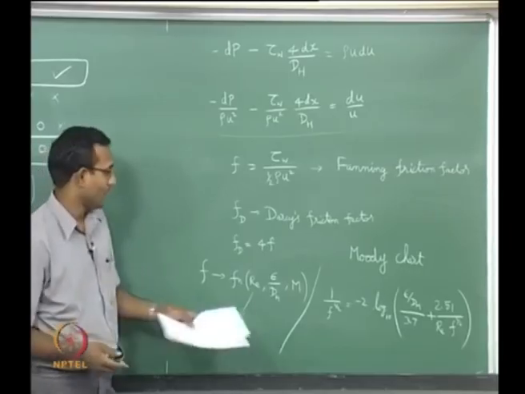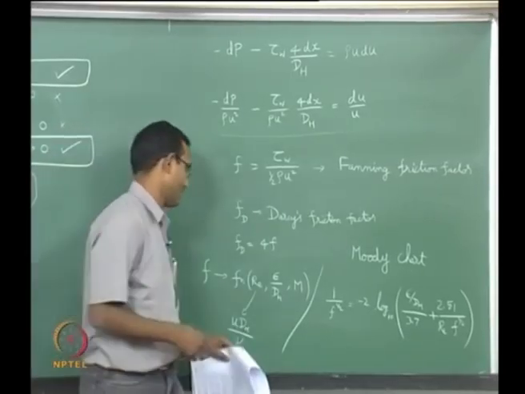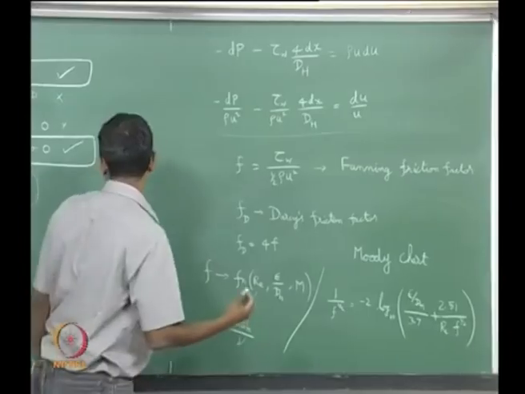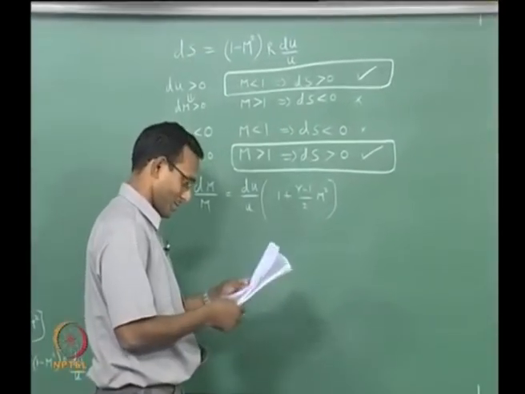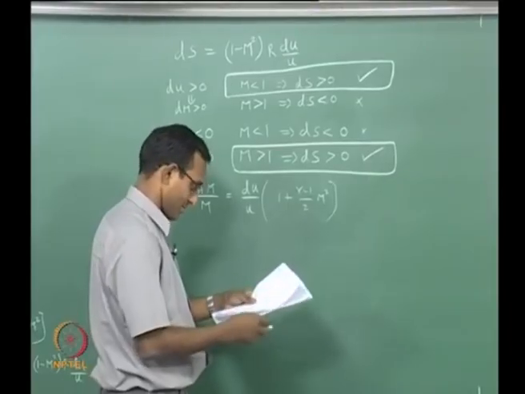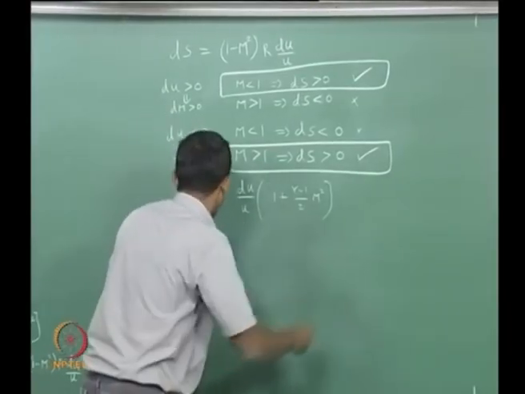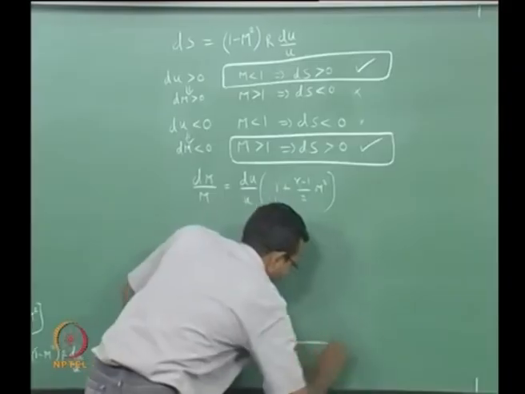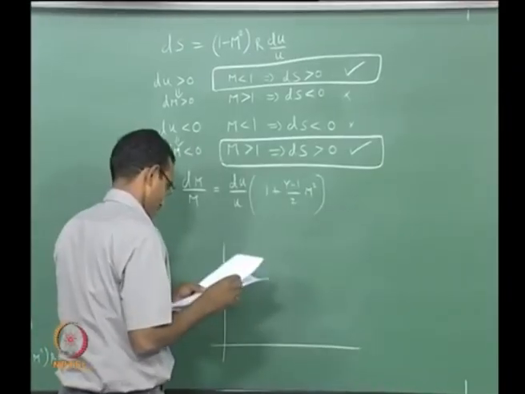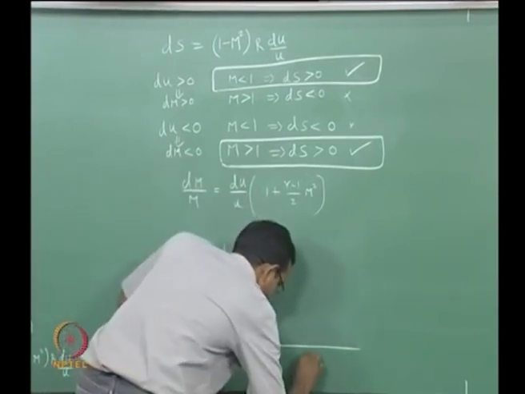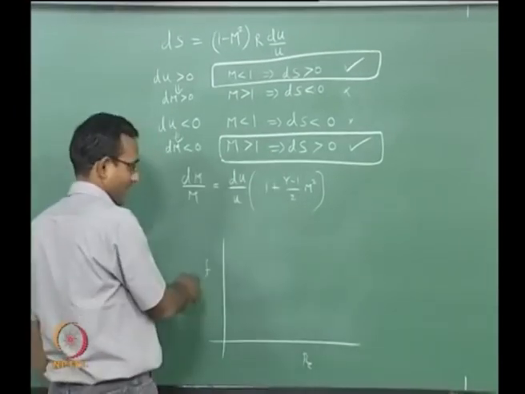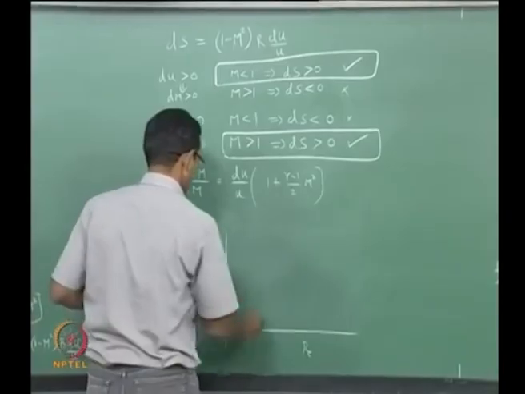Now if I look at the plot of this, you would have seen the Moody chart anyway, I will just draw the plot here, we have only 1 or 2 minutes. I did not want to put a Moody chart up for you guys, you can go find this, it is actually a log plot, it is friction factor f versus Reynolds number.